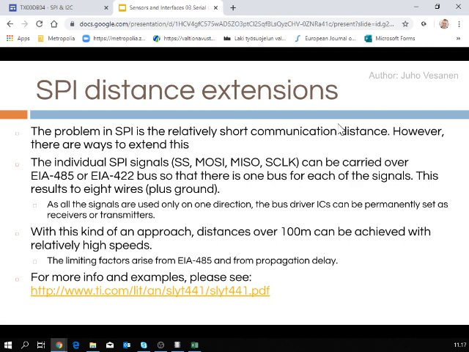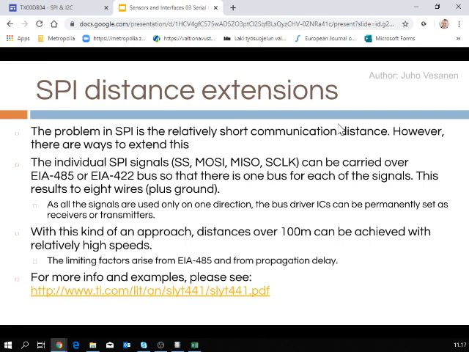SPI can be quite easily extended. The distance can be extended, for example, using the standard EIA 485 or EIA 422 type of buffers. They are just line buffers that are designed for paired wires, meaning the matched pairs.